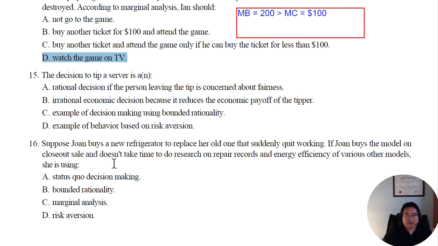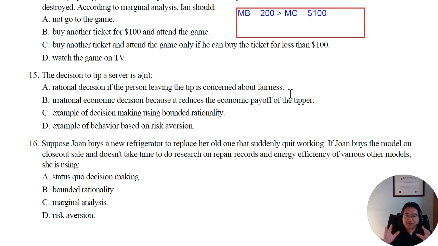Now let's look at question 15. The decision to tip a server is an A, rational decision if the person leaving the tip is concerned about fairness. Here I want to emphasize there are several reasons, such as fairness or risk aversion, that can be part of people's consideration when they are making decisions.